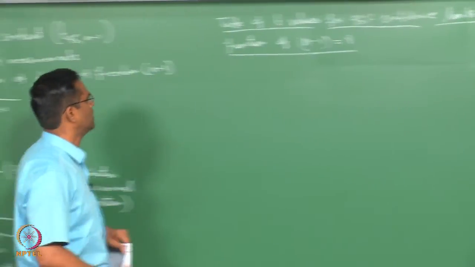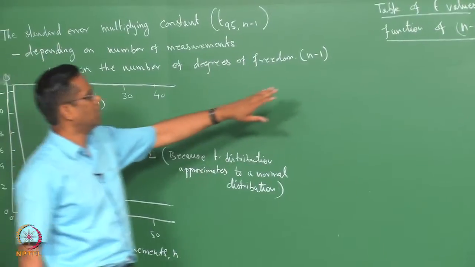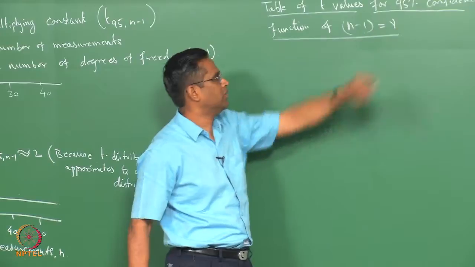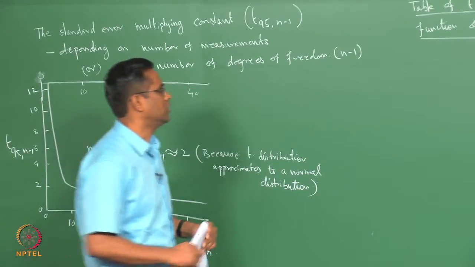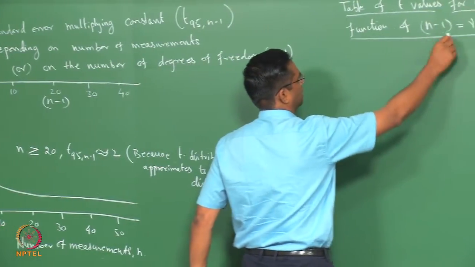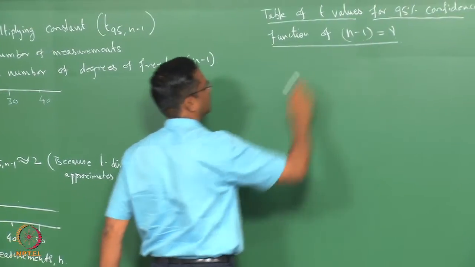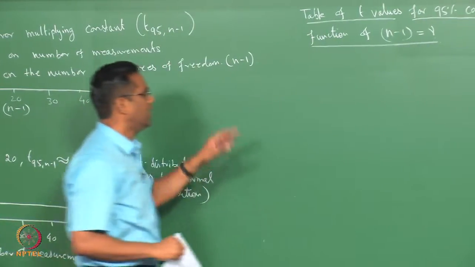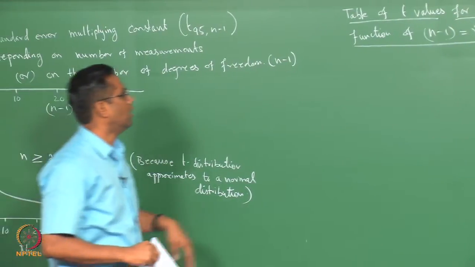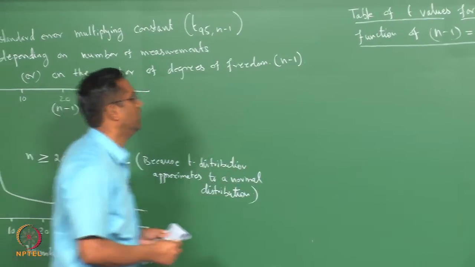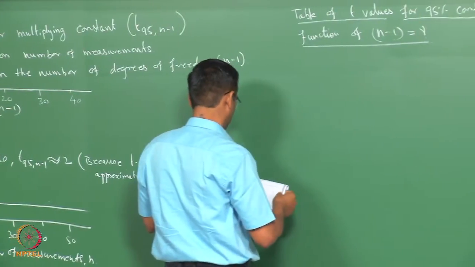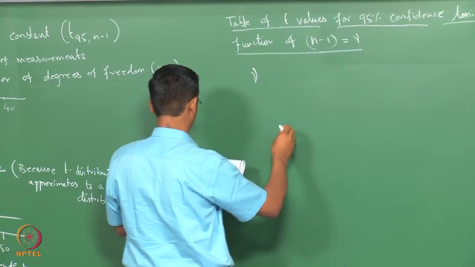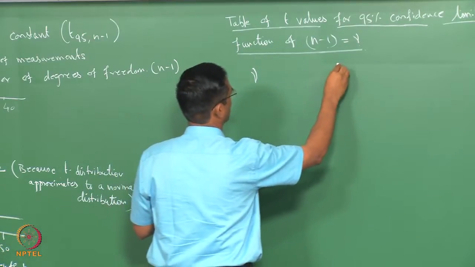So, what I will do now is give you some values in the form of a table for 95% confidence limits as a function of degrees of freedom, or mu, which is nothing but n minus 1, so that you can have a ready reference for how this constant varies with the number of experiments. So, let us plot mu versus t.